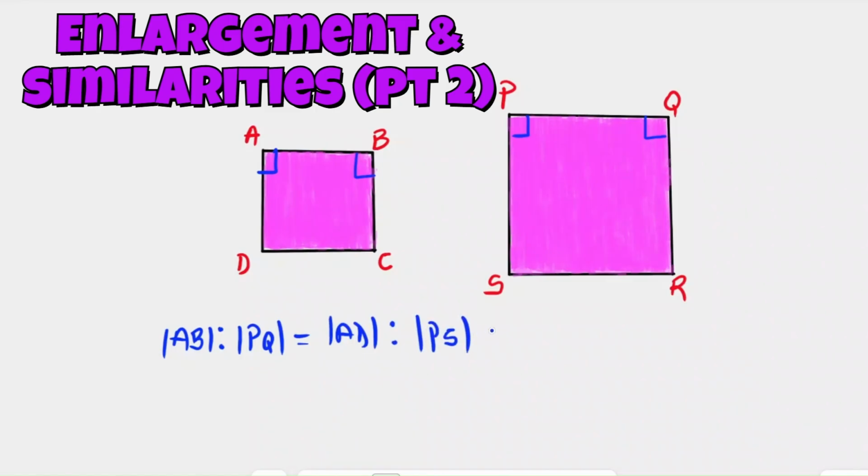And that is not all. You can also talk about DC to SR. And the last one is CB, or BC, to RQ.